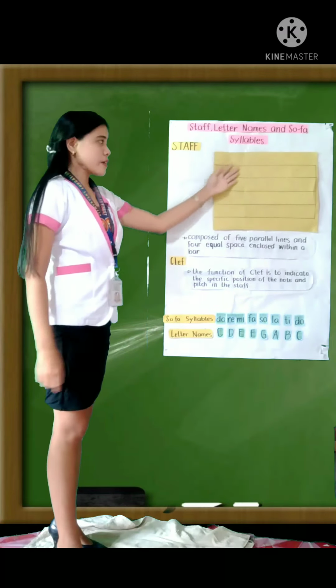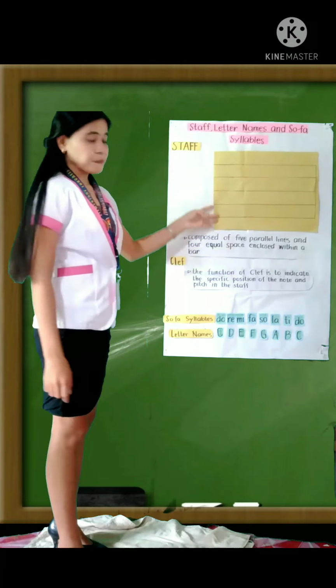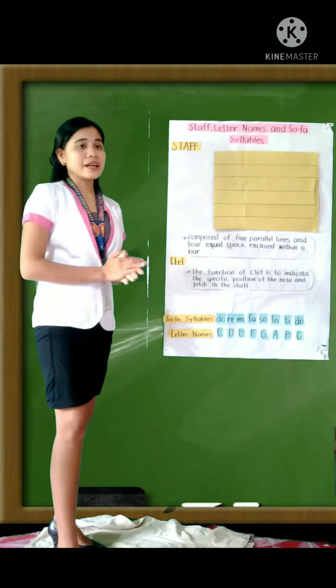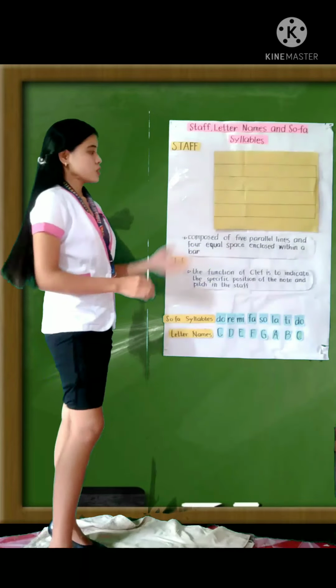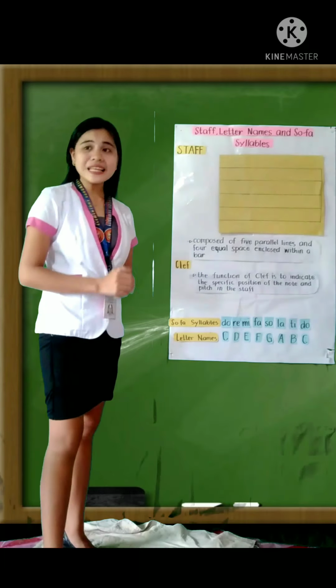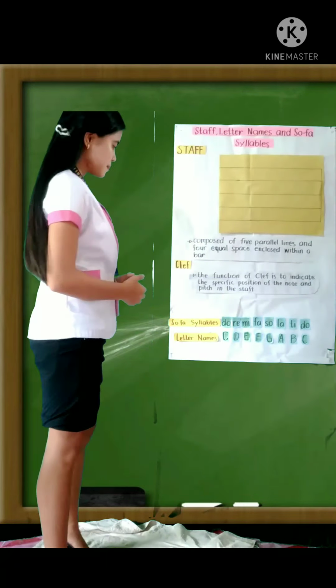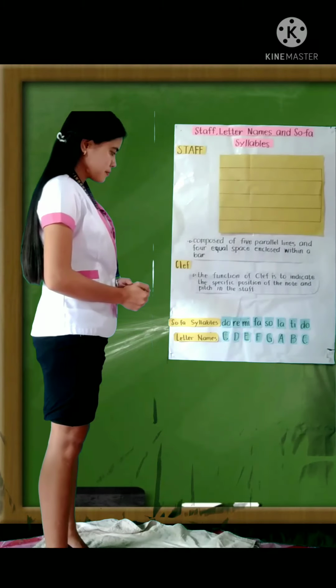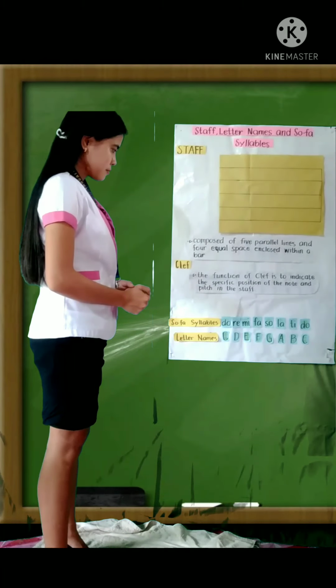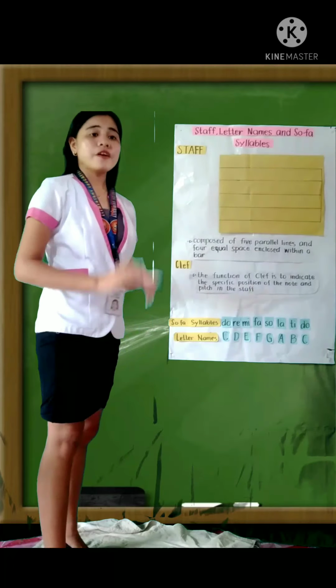So here in the staff, it is where the clef is drawn. So what is a clef? Please read. The function of clef is to indicate the specific position of the note and pitch in the staff. Very good.